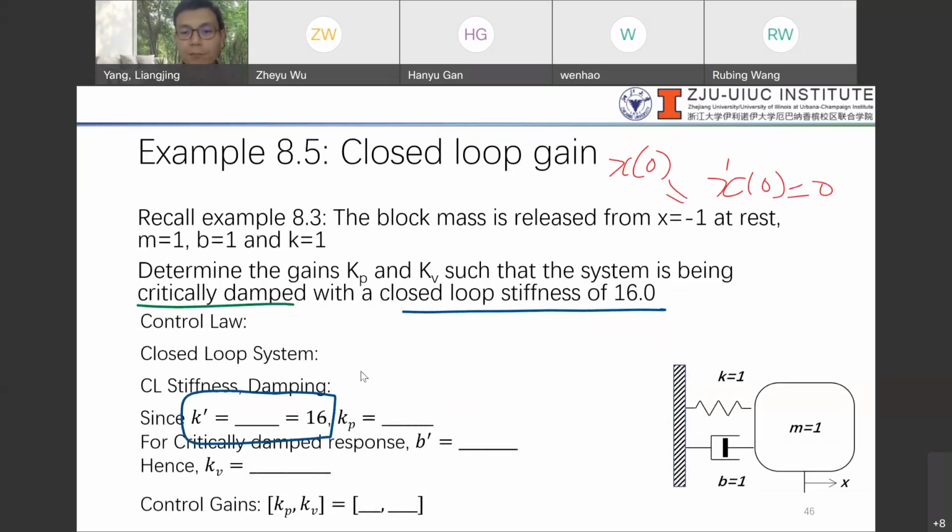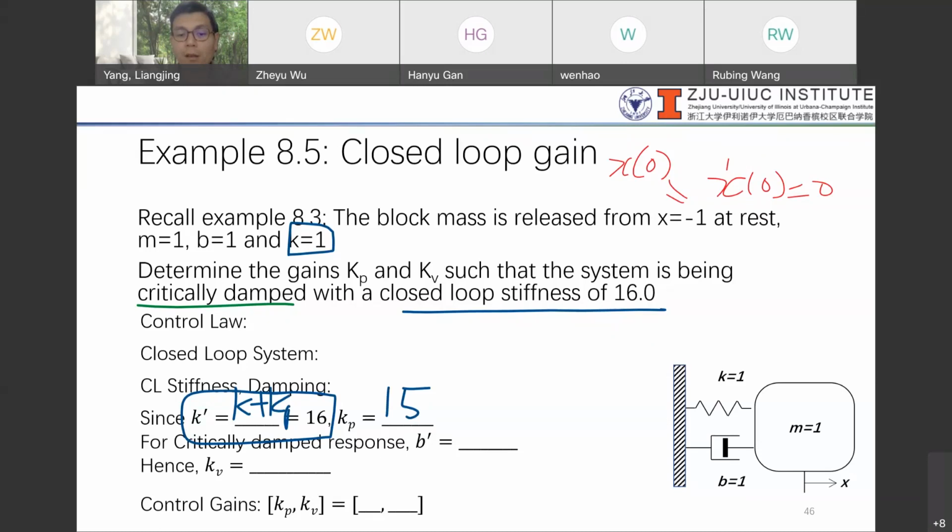So it's K plus Kp, where we want to get 16. And so it will be 16 minus 1, right? Because K is equal to 1. And so our K prime equal to 16, K plus Kp, so Kp is equal to 15, right?